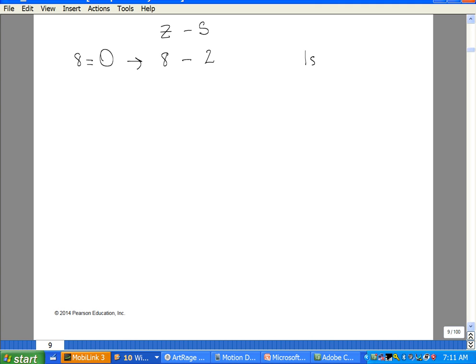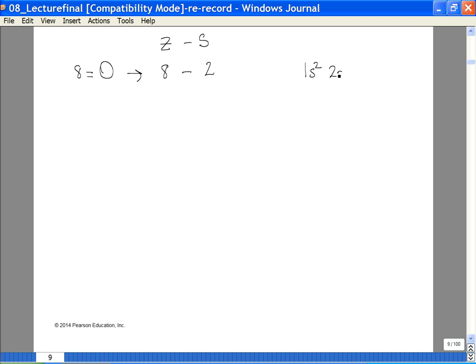If we need to write this out, the configuration is 1s2 2s2 2p4, or helium 2s2 2p4.